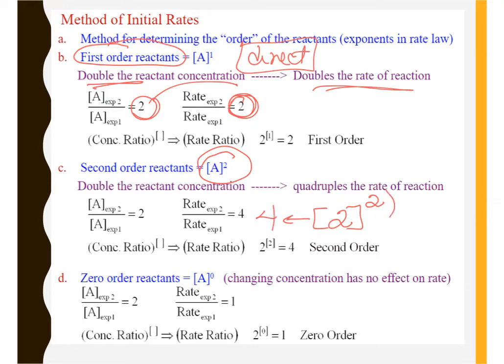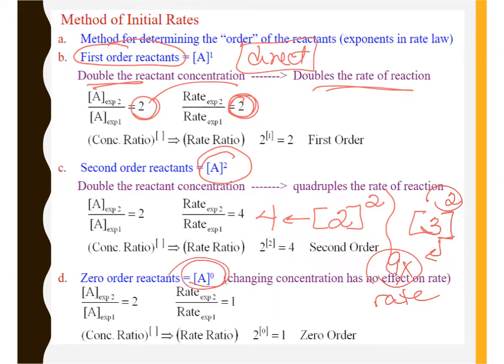But I don't want you to think that's the only scenario. What happens if we triple the concentration of that reactant? 3 squared is 9. So that means if we triple the concentration of a reactant that's second order, the rate will increase by a factor of 9. So be careful when it's second order.